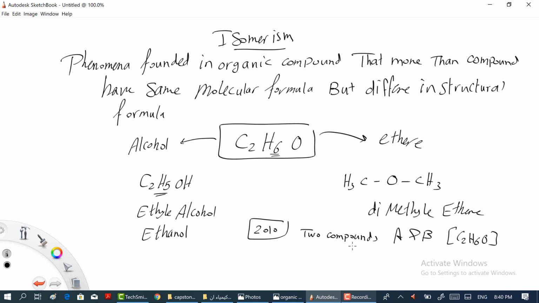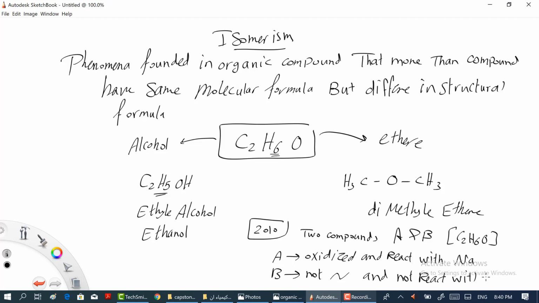The first one, A, is oxidized and reacts with sodium. B is not oxidized and does not react with sodium. Determine the name of each compound. The names are ethyl alcohol, ethanol, and the second one, dimethyl ether.